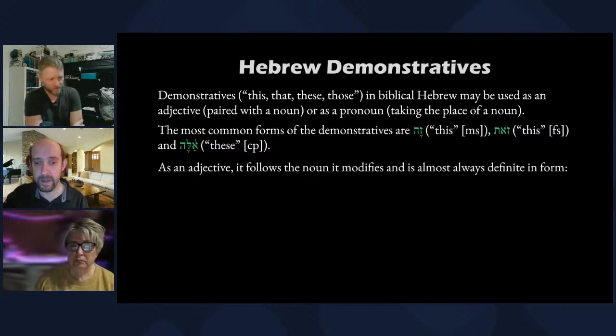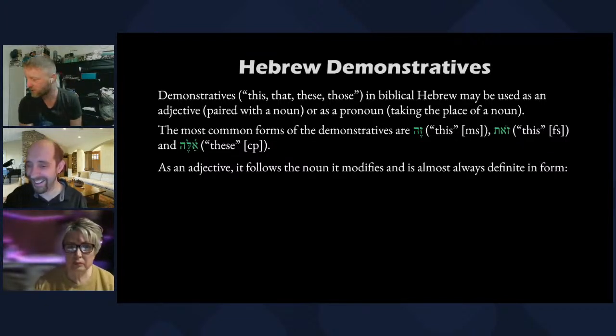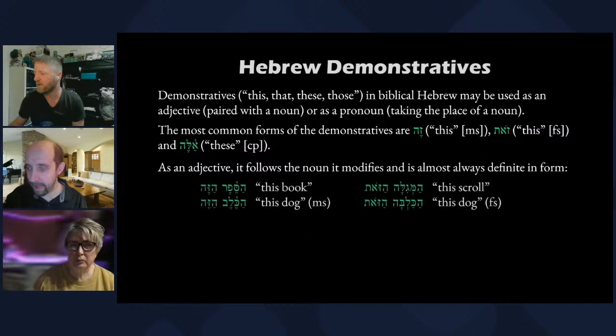As an adjective, it follows the noun it modifies, it doesn't go before. Like we say in English, this shaver. In Hebrew, if we have the word shaver, we can say ha-shaver hazeh. Okay, so here are some examples. This book: in English, the word this comes before book, but in Hebrew, it has to come after, and it's always definite. It's not always definite. We're going to say always, but it's a lie. Ha-sefer hazeh.